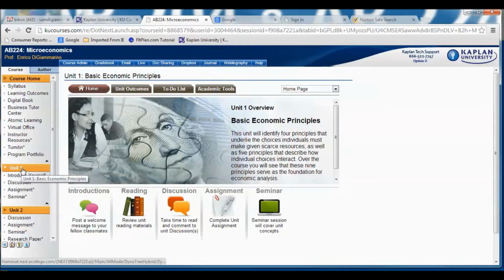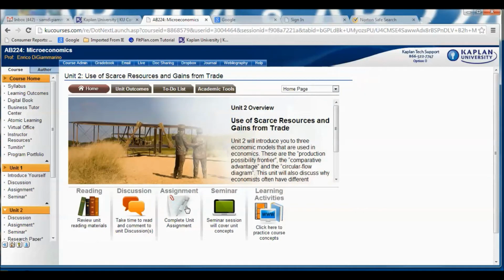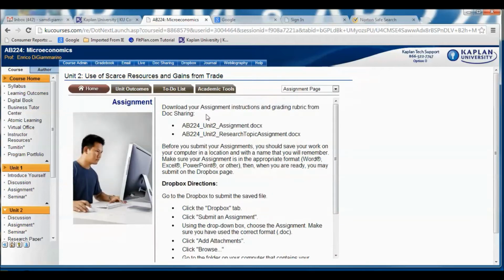So we go back to Unit 2, and we have an assignment link. When you click on the assignment icon, it tells you that there are 2 assignments for Unit 2. One is the Unit 2 assignment itself. The other is the research topic assignment. We'll get to that in a minute.